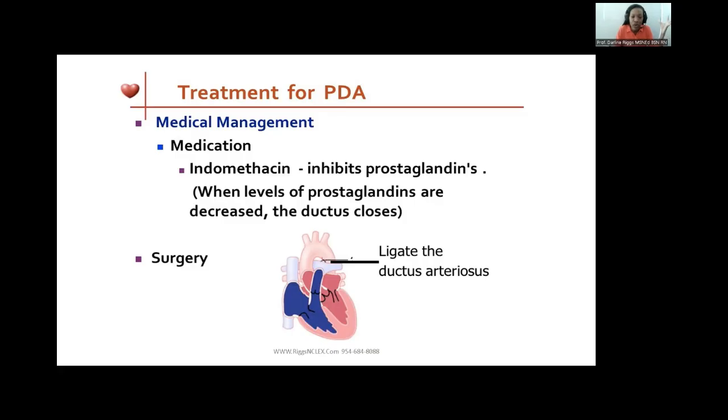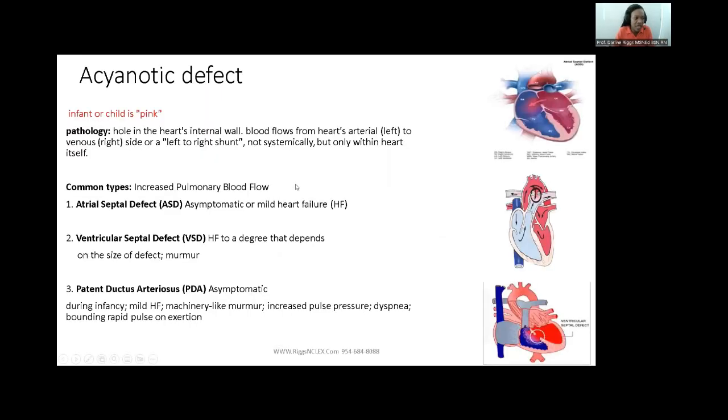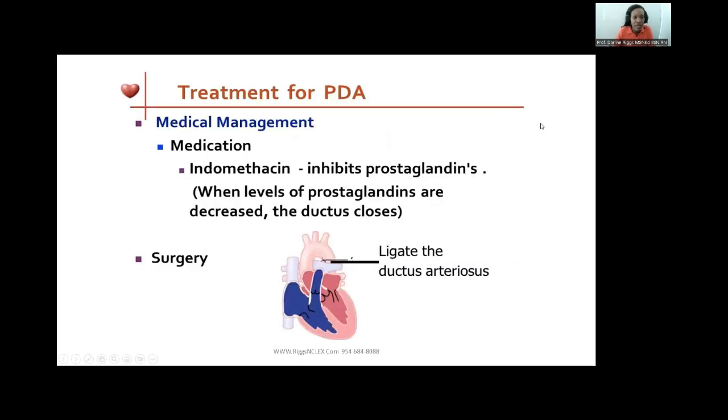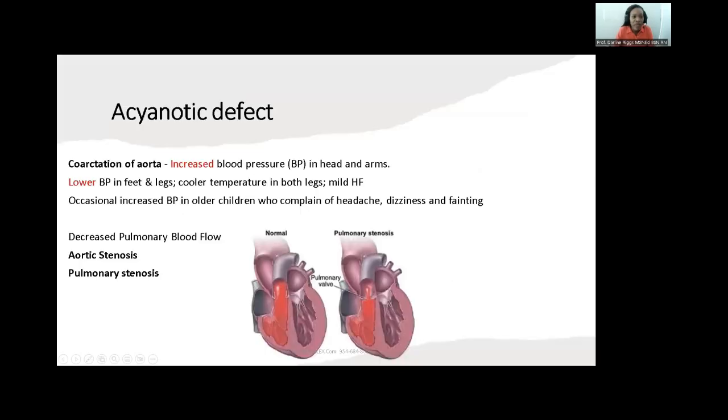When prostaglandin goes down, the duct closes. If indomethacin does not work, surgery. Oh, by the way, the others are all surgery. There's no drugs for them. There's no drug that's going to help your atriums or your ventricle, okay? But the PDA, yeah, we'll do indomethacin first, and then if that doesn't work, then they don't have a choice, surgery.